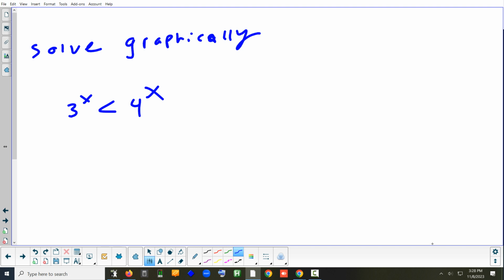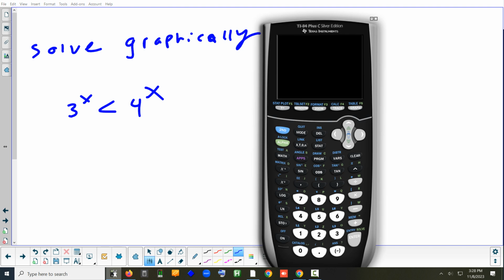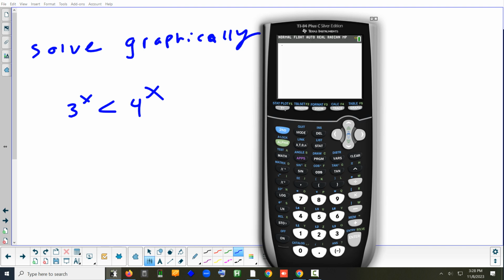Okay, so to solve an inequality graphically, you just put one side in y1, put the other side in y2. So we're going to put in 3 to the x and 4 to the x.